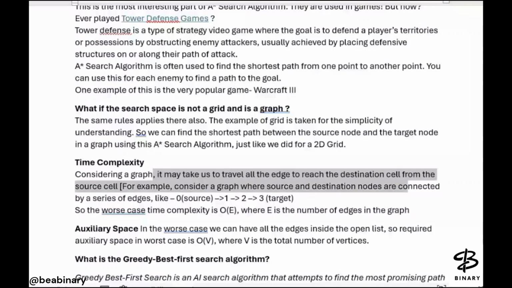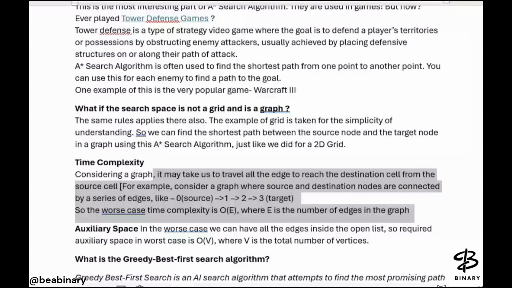For example, consider a graph where the source and destination nodes are connected by a series of edges: source is 0, then 1, then 3, and 3 is your target. So the worst time complexity is O(E), where E is the number of edges in the graph, when we need to traverse each and every edge to move from source to target.